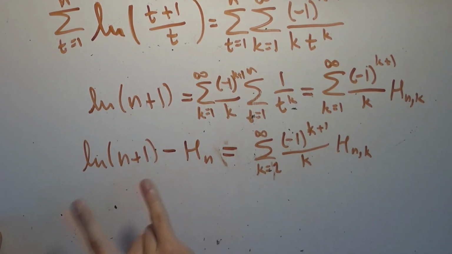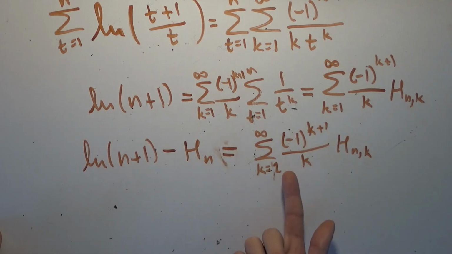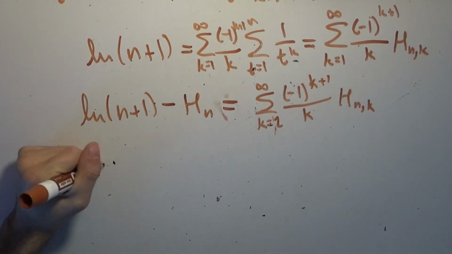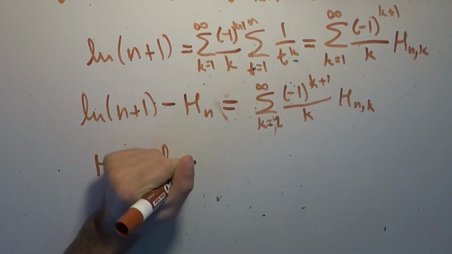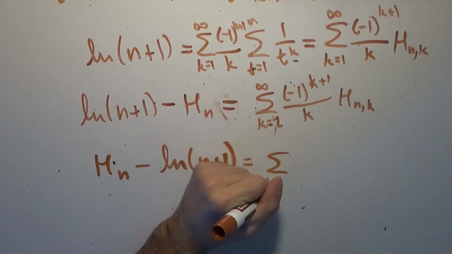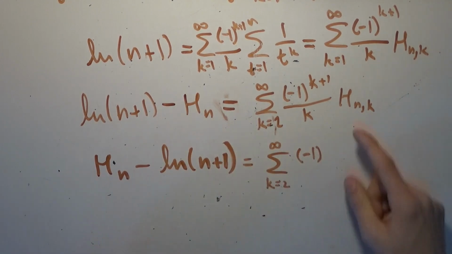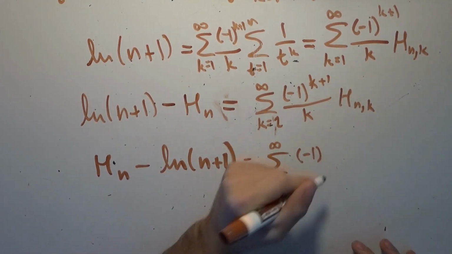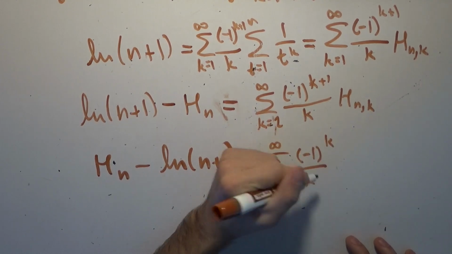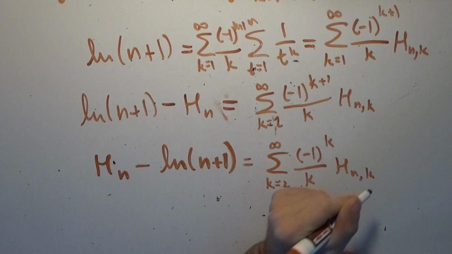So all we're going to do is flip those around, which will multiply everything by negative 1, so we end up with h sub n minus the natural logarithm of n plus 1 is equal to the sum from k equals 2 to infinity of negative 1, and since one of the negative 1 powers went away, it's going to start at k instead of k plus 1, over k times h sub n comma k, which is the generalized harmonic number.